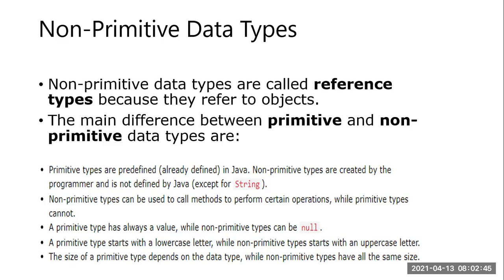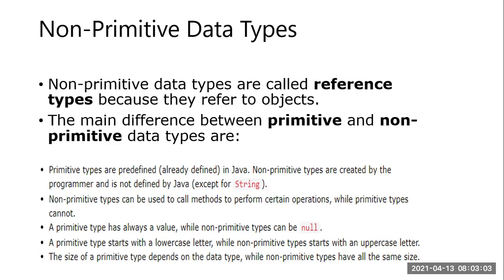So here the capital letter we have as an argument for the command line argument, String, is a non-primitive data type.